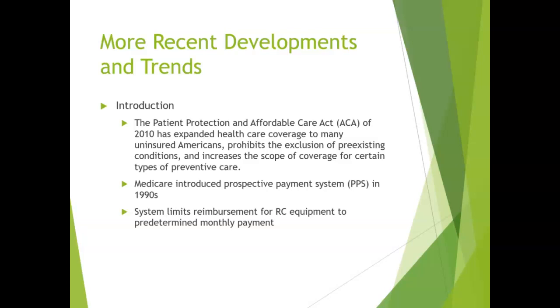We won't get into that in this lecture, but the goal of the Affordable Care Act was to get more people off of governmental insurances like Medicaid or Medicare and onto the exchanges to get some type of supplemented insurance if their employers didn't offer it, and lower the instances of uninsured individuals coming into the hospital.